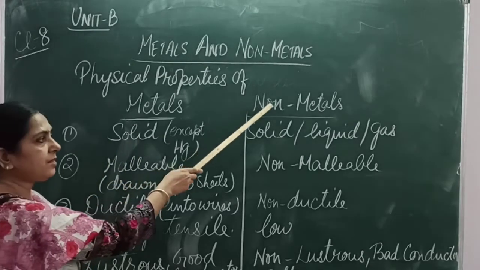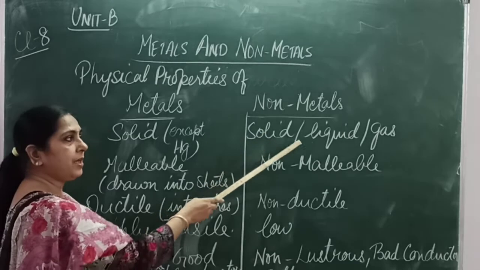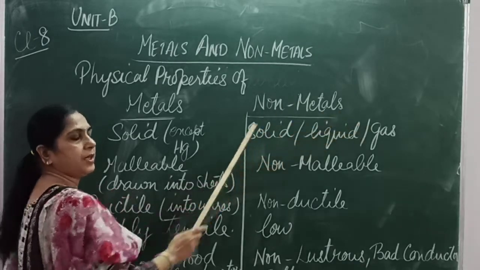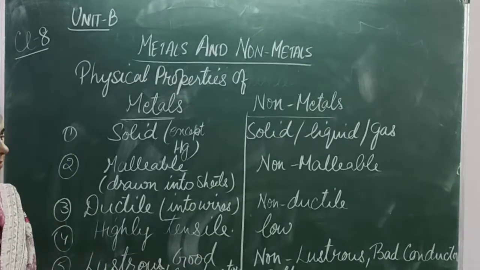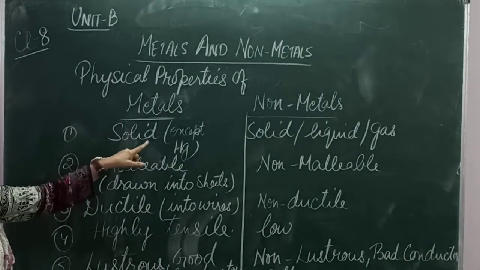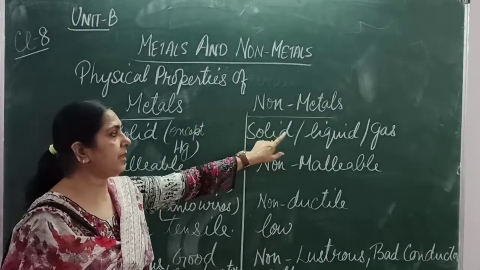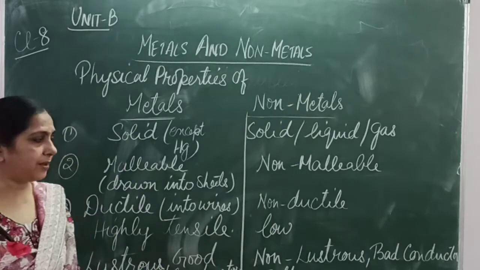Whereas the non-metals, all of them, are either in the solid state, liquid state, or gaseous state. It can be any of the states, right? So all the metals are in the solid state except mercury, and all the non-metals may be in the solid, liquid, or gaseous state, right?